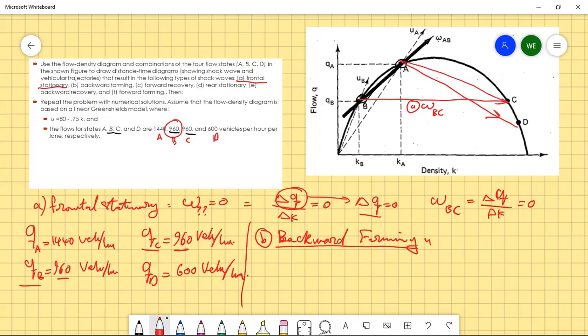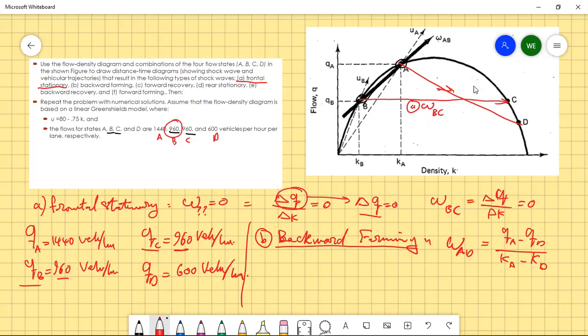Okay, but we will do just AD. So omega AD equal QA minus QD over KA minus KD. Actually, we need to calculate all of these values.